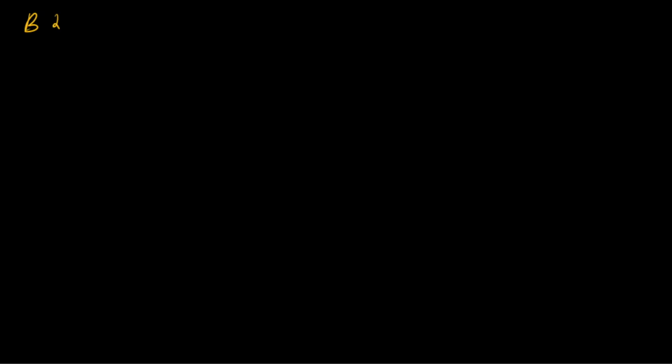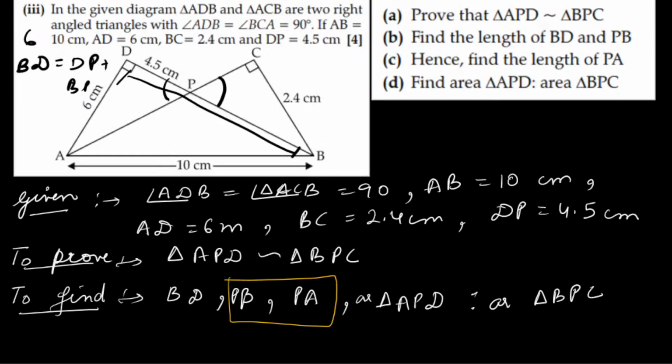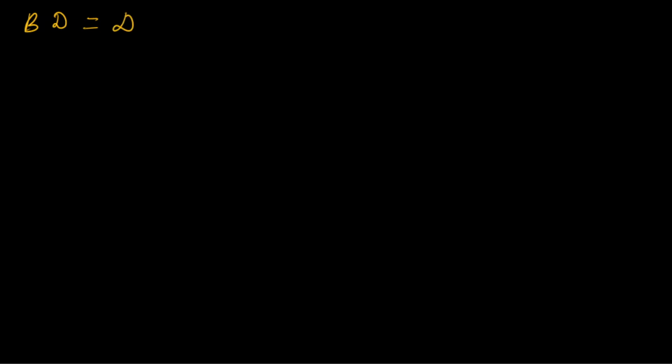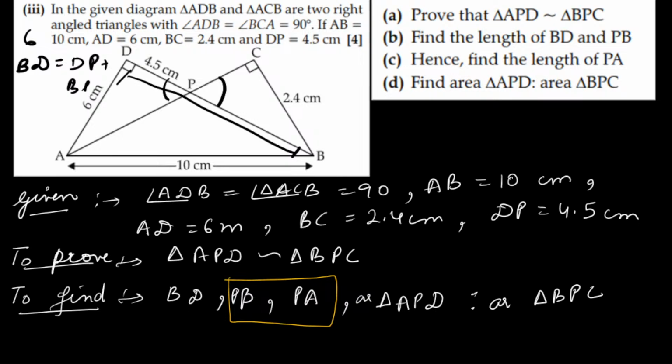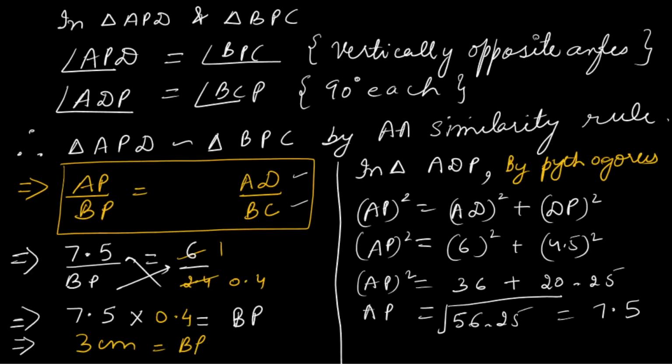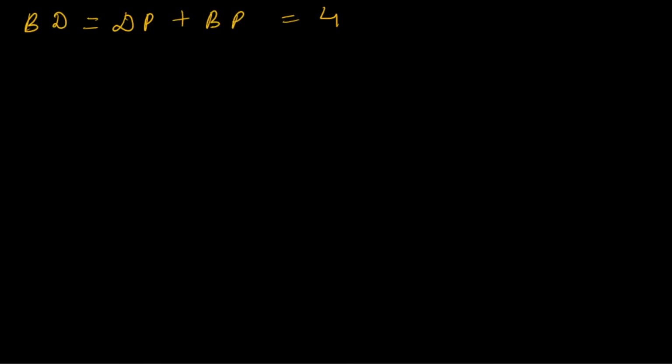So BD is equals to DP plus PB. DP plus BP. So DP's value we have found. DP is 4.5 and BP is 3. 4.5 plus 3. This is equals to 7.5.